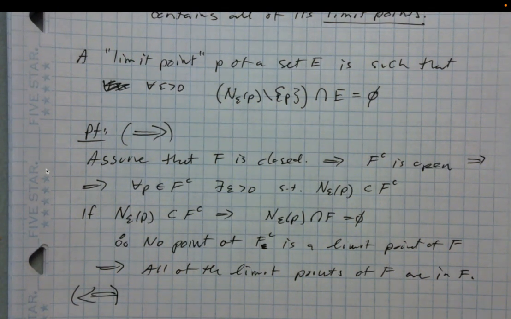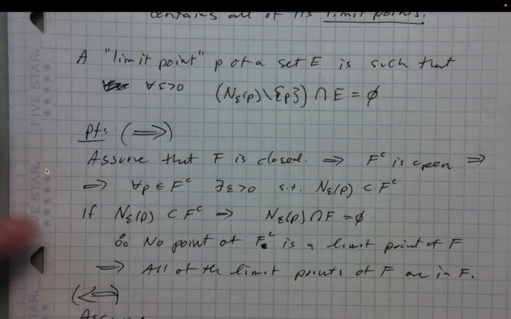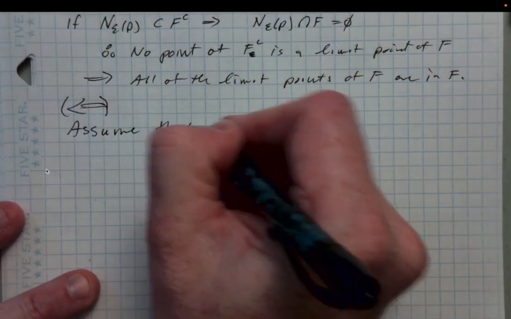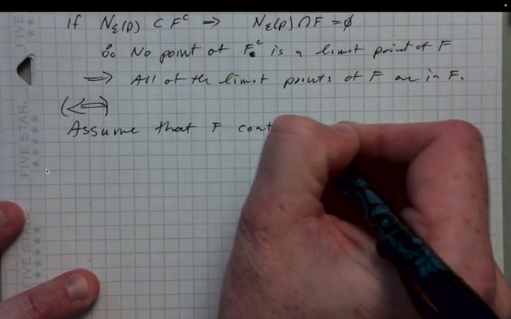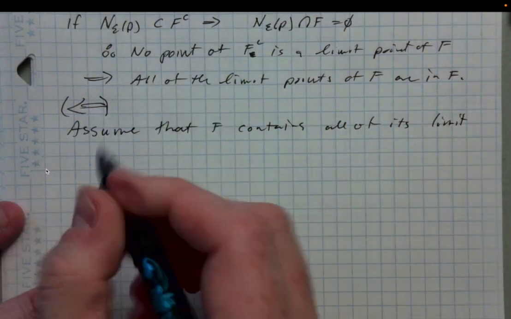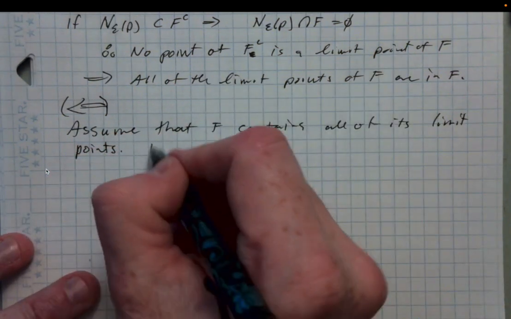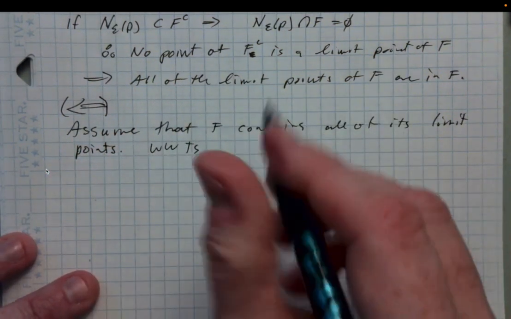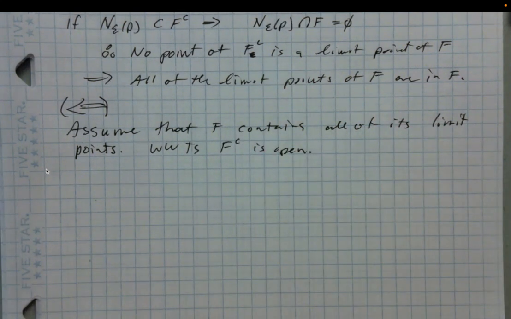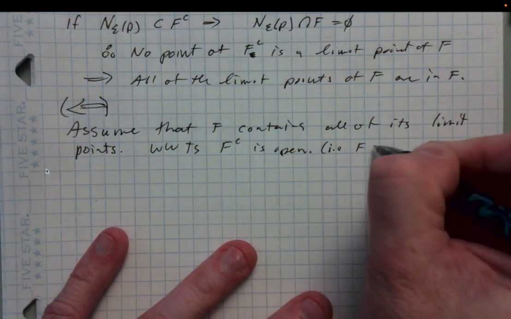Let's assume now that F contains all of its limit points. Now we wish to show that this is going to have to imply that F complement is open, i.e. F is closed.